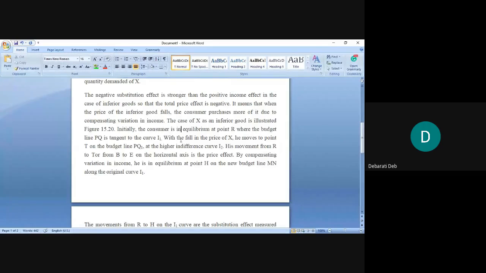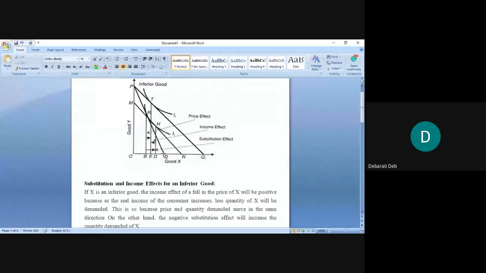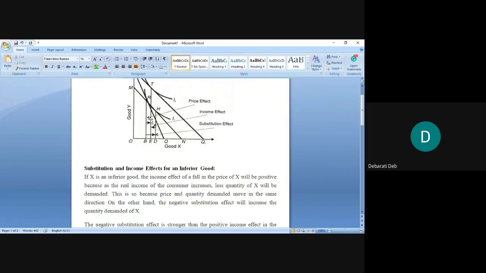So now he is moving to PQ1. The price of X has fallen, thus the consumer has moved to the new budget line PQ1, where the tangent is at the point T with the indifference curve I2, and this indifference curve is at a higher position in this graph. Okay.